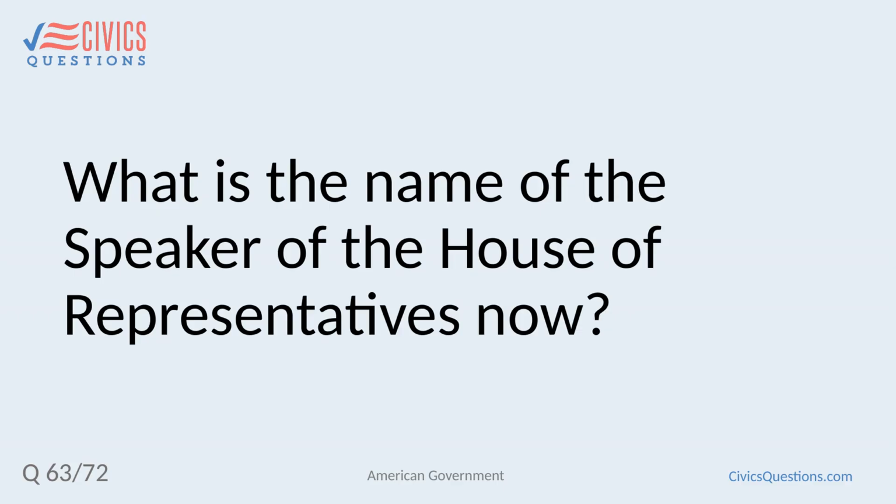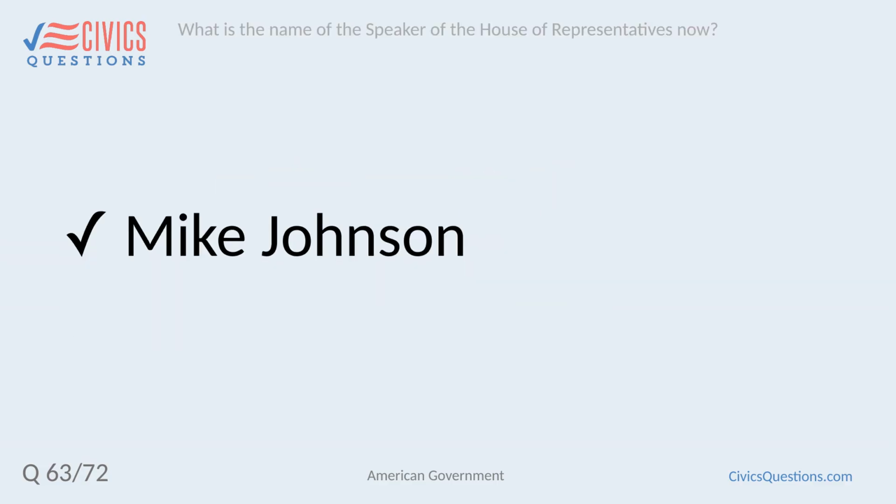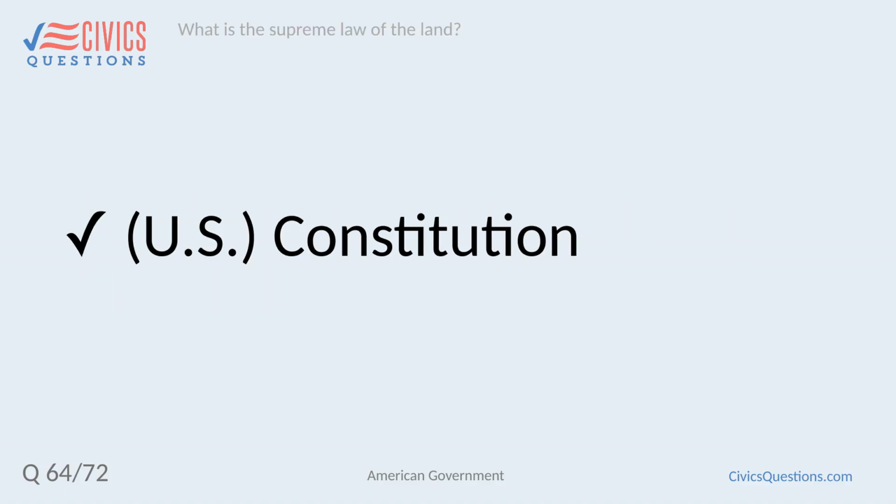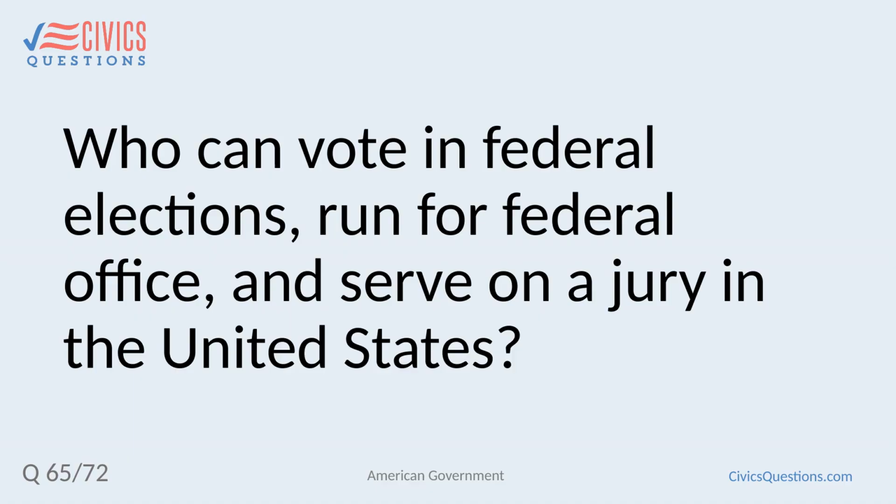What is the name of the Speaker of the House of Representatives now? Mike Johnson. What is the supreme law of the land? U.S. Constitution. Who can vote in federal elections, run for federal office, and serve on a jury in the United States?